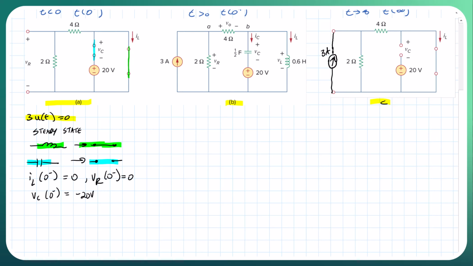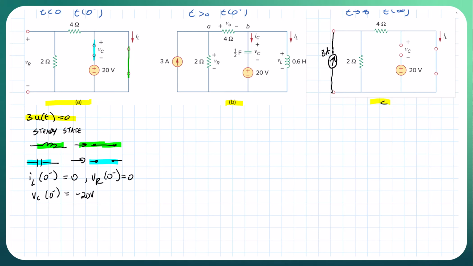Remember, with capacitors and inductors, the values cannot change abruptly, so they need some time to reach their values, either rise or decrease. So that's what we have for the initial values for the current and voltages across those elements. And if we were to take the derivatives of these, they will all be 0, because it has reached steady state at this point and nothing changes.